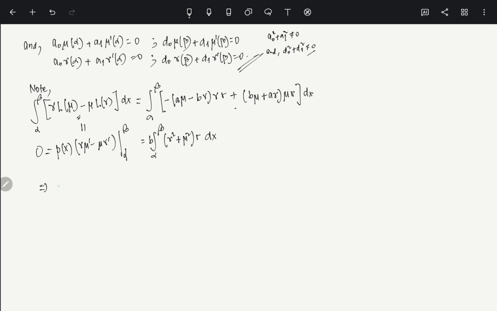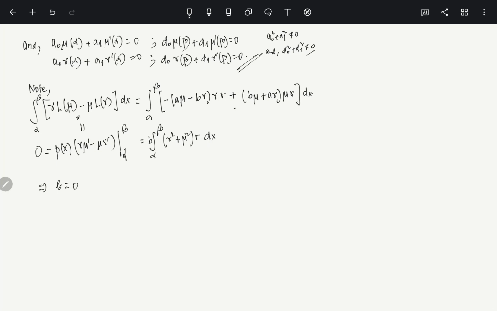That will of course imply that b is 0. Why? Because gamma and mu are the real and imaginary parts of phi, and phi is a non-trivial solution.